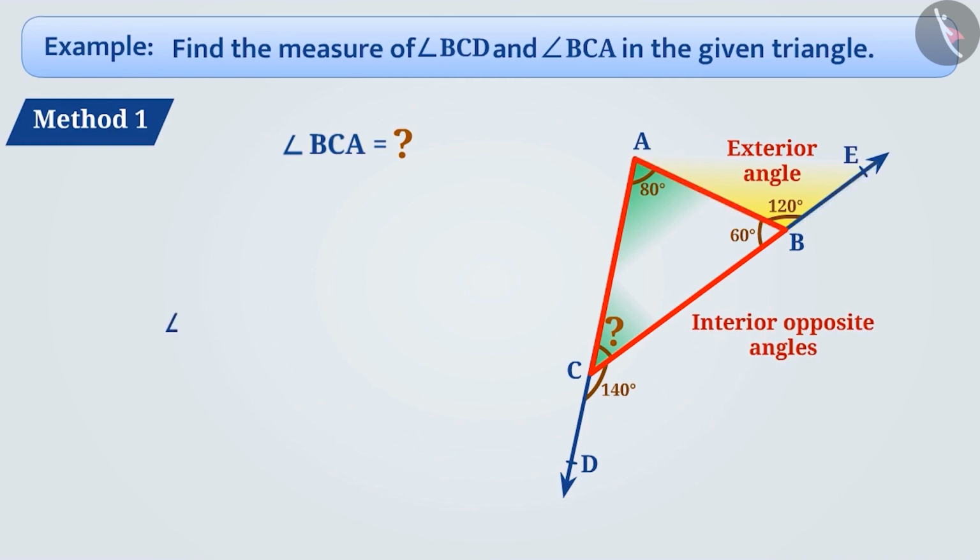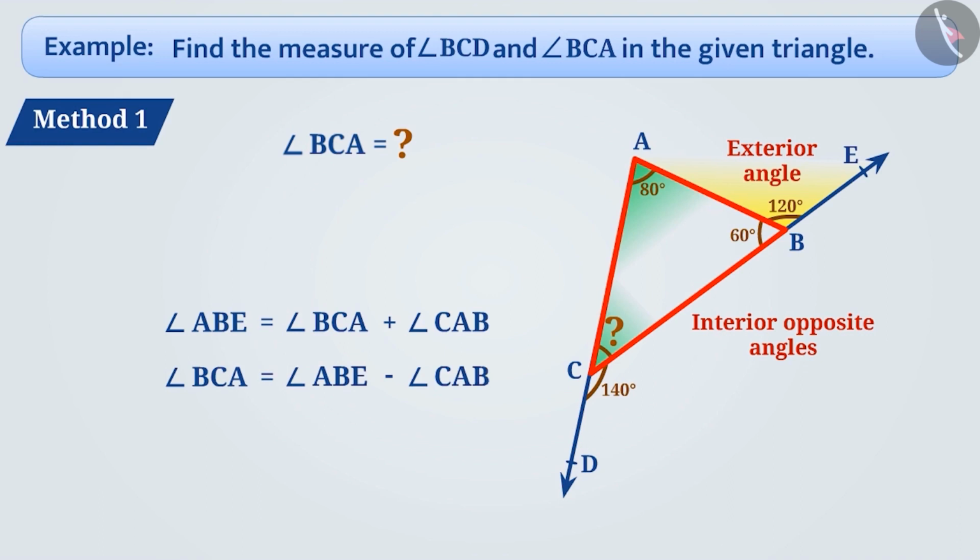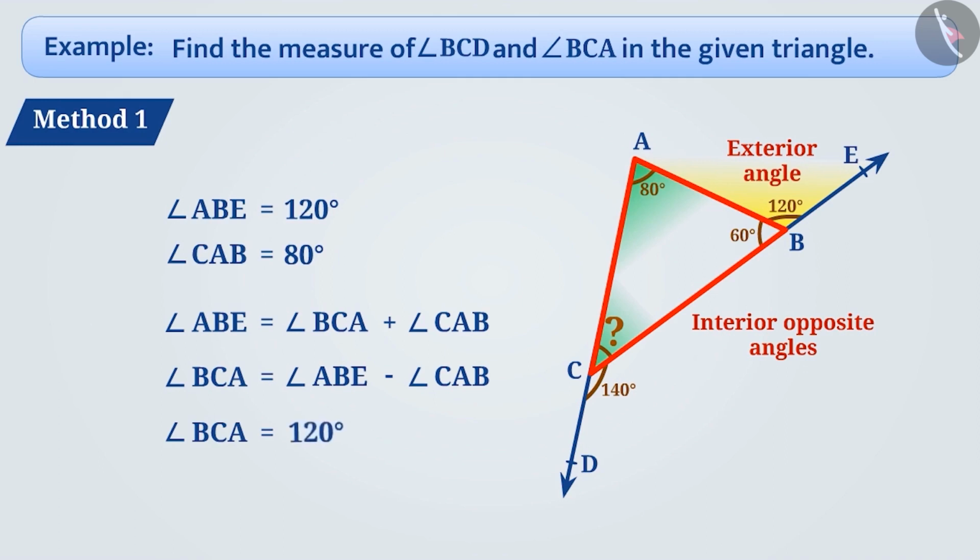So, we can say that angle ABE is equal to angle BCA plus angle CAB, or we can write it as angle BCA is equal to angle ABE minus angle CAB. Since angle ABE is equal to 120 degrees and angle CAB is equal to 80 degrees, angle BCA is equal to 120 degrees minus 80 degrees, which is equal to 40 degrees.